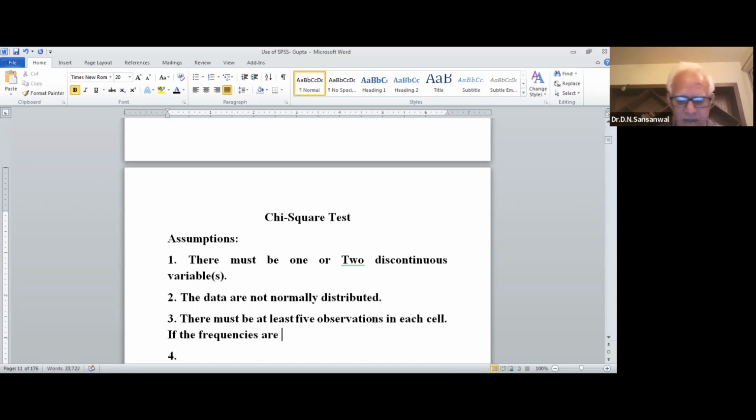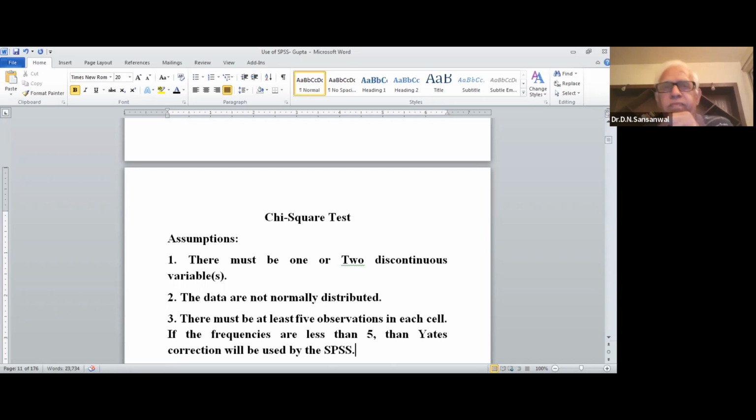If frequencies are less than 5, then Yates correction will be used by the SPSS. When you do it manually, you know you use the Yates correction, where from each frequency you subtract 0.5. So it will be done automatically, nothing to worry.